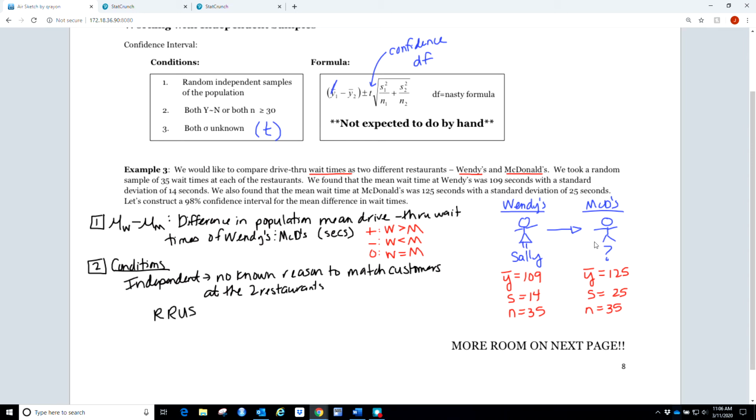Right, still were they done randomly? Well, it says they took a random sample of 35 wait times at each restaurant. So again, at least from what I know, there was no known bias going on there.